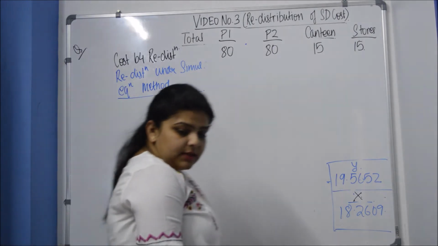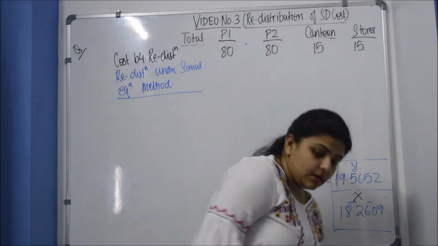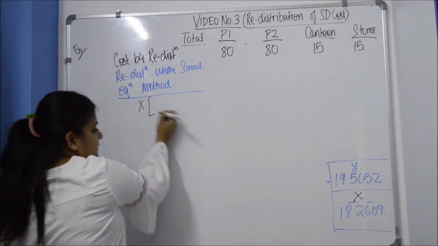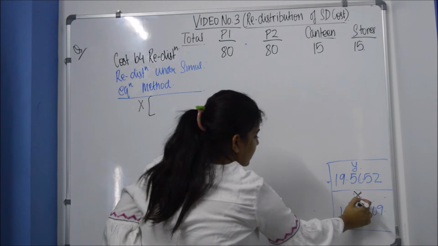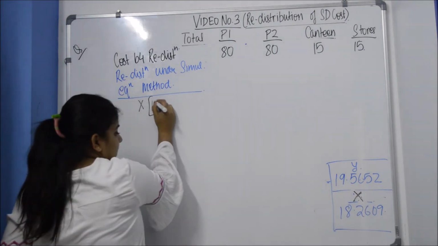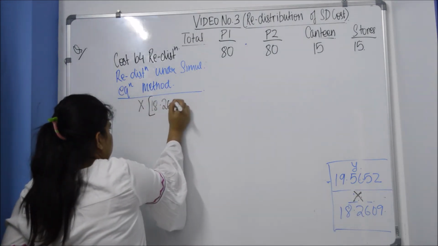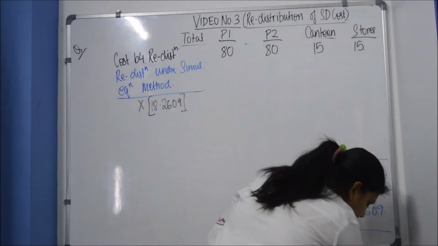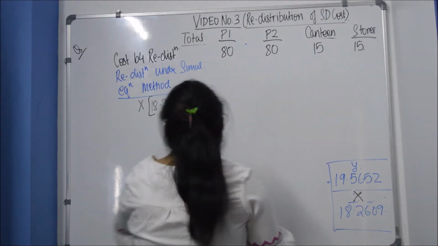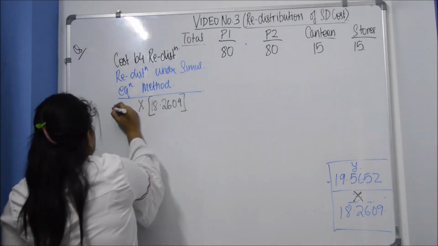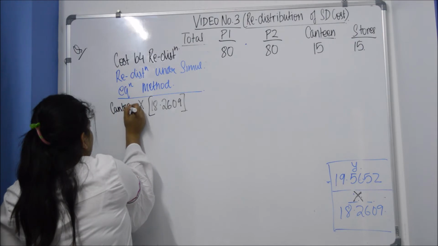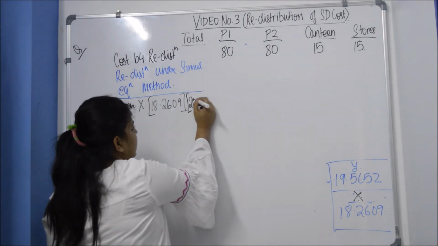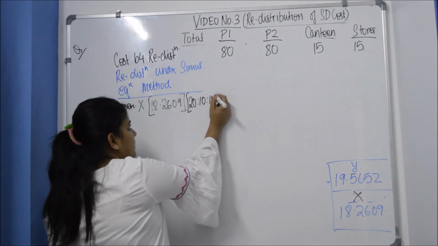Now, under simultaneous equation method, let us take any one department first, that is x. What was the value of x that we calculated? The value of x was 18.2609. On what basis do we distribute canteen's cost? We distribute it on the basis of number of employees. So the number of employees are 20 is to 10 is to 10.